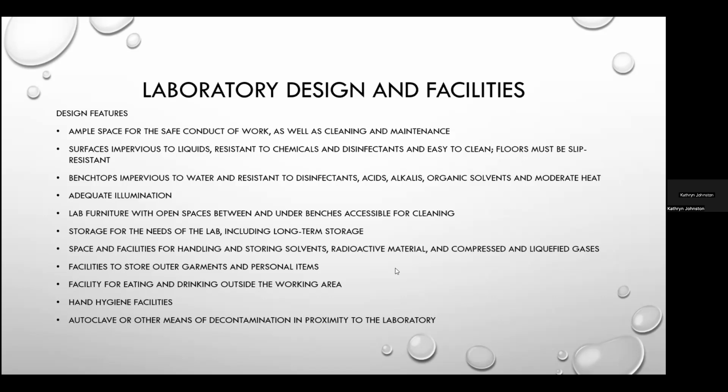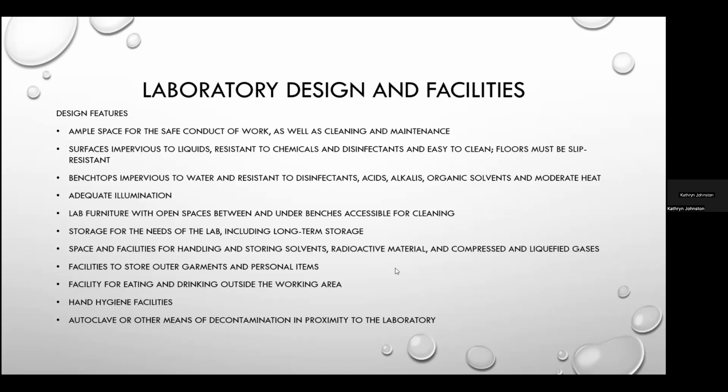Your lab furniture has to be sturdy, able to be cleaned, and if necessary, disinfected. And there has to be sufficient space, both between and under the benches, cabinets, and equipment, so that it is accessible for cleaning. And then there needs to be storage, because you want to make sure that you don't have a cluttered environment that doesn't allow you to properly clean it and, with respect to the bench tops, disinfect them daily.